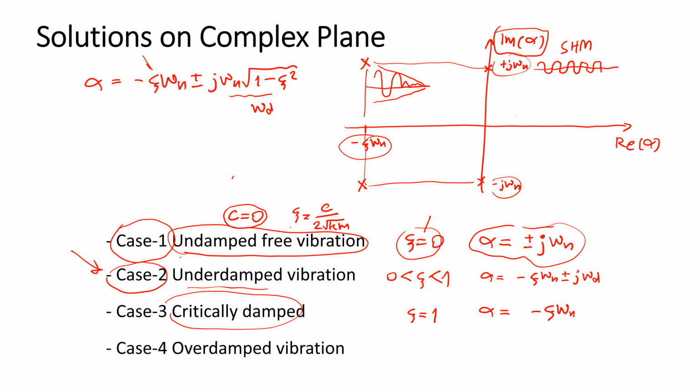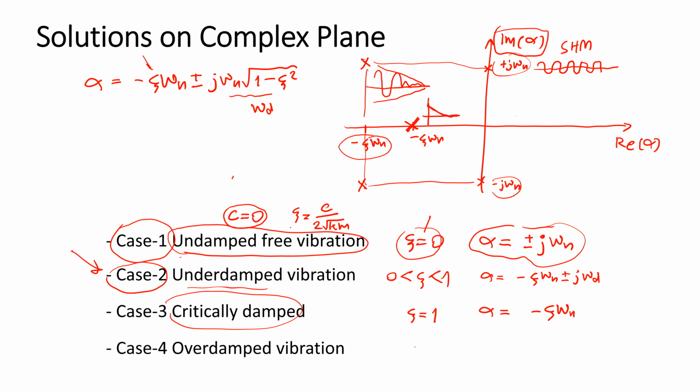If alpha doesn't have an imaginary part but is on the real axis, with only the real part, we are not going to see vibration. But the magnitude is going to decay from the initial value to 0. It's going to decay.